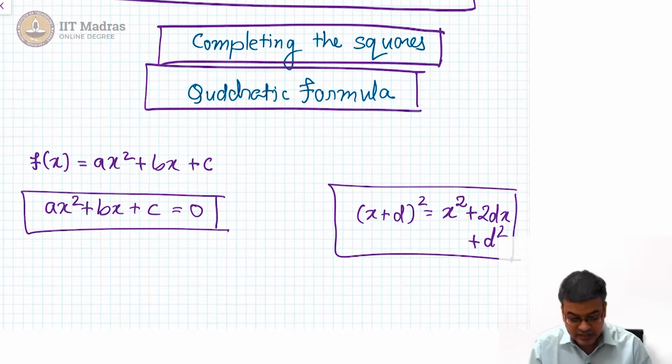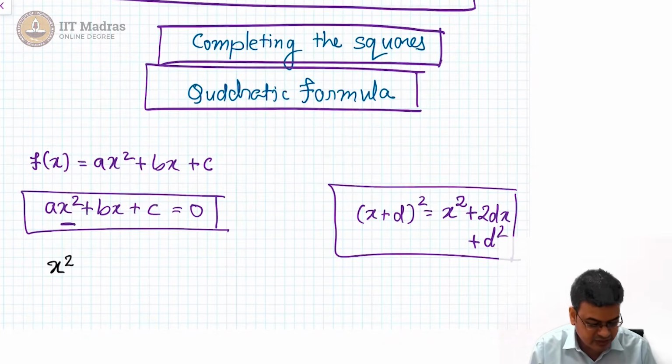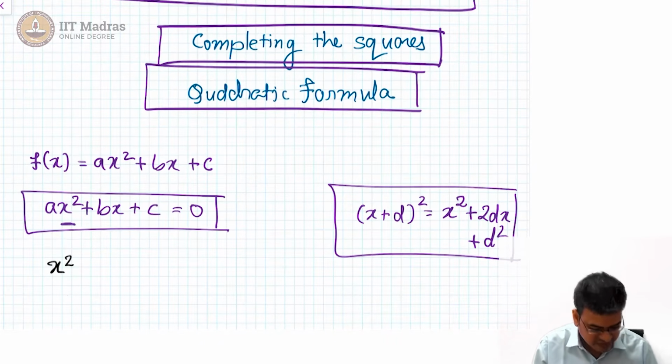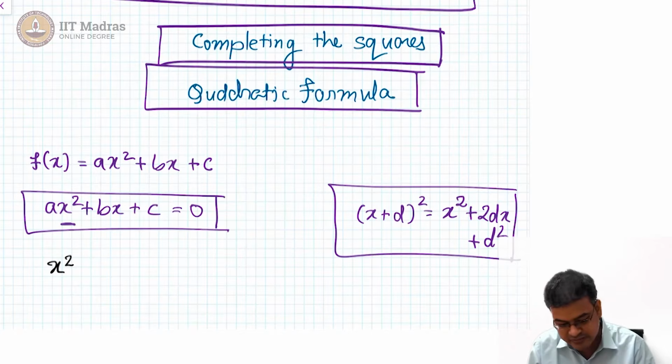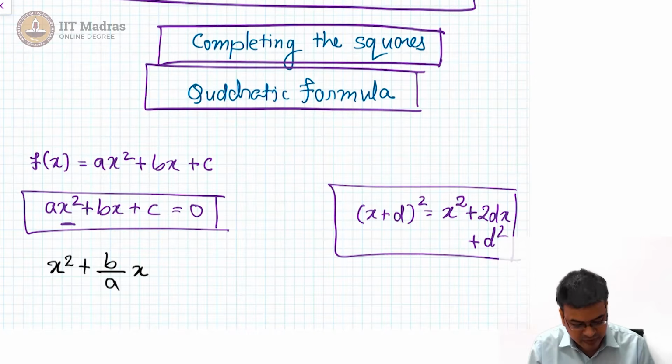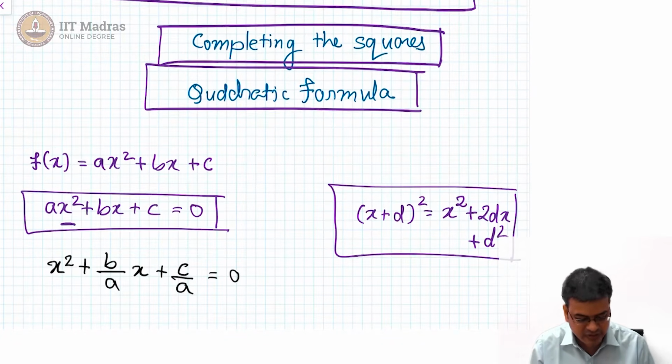So in this case, if I want to convert this particular function in that format, what I need to do is divide the entire expression by a. Let me not go into those minute steps. So it is x square plus b by a times x plus c by a equal to 0.